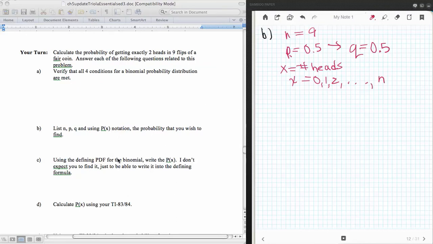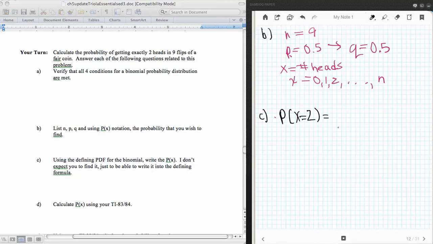Now, we want to use the defining PDF formula to write this out and find the probability we're being asked for. The probability that x is equal to 2 is what I'm asking for.